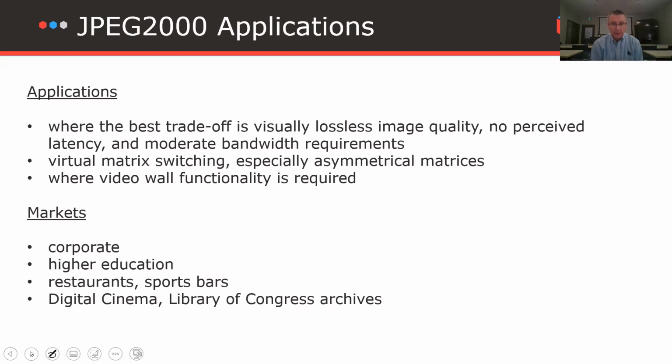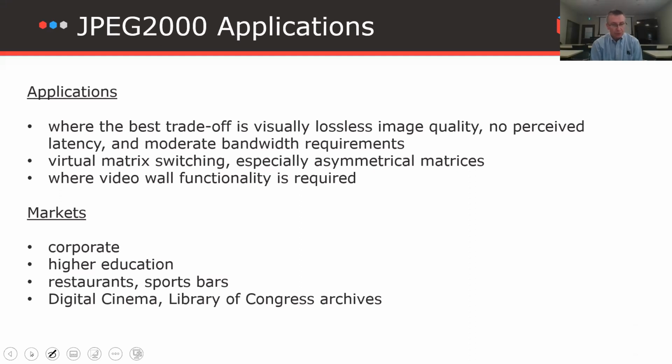In video over IP, we can have exactly 8 inputs and 60 outputs and expand either side as much as we want. It's very flexible. And you will find that a lot of the JPEG 2000 codecs do include video wall functionality as well, which is a nice add-on.